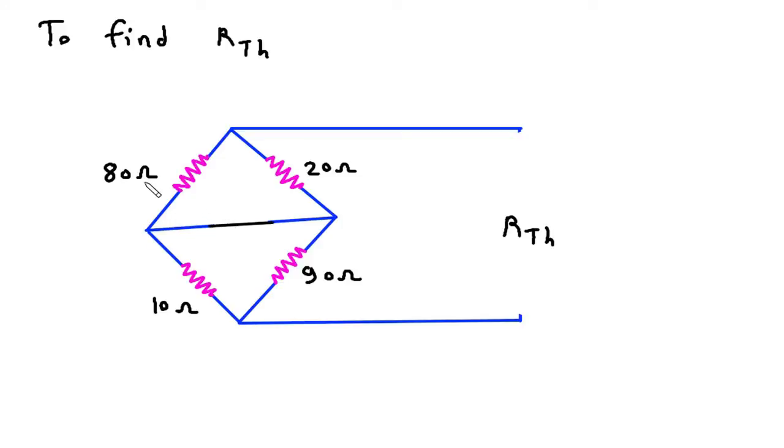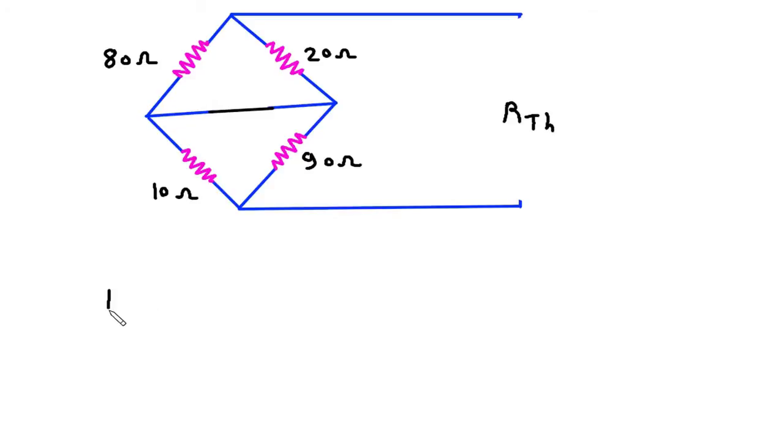Now as we can see that 80 ohm is parallel with 20 ohm, RTH is equal to 80 ohm parallel with 20 ohm plus it is in series with 10 ohm parallel with 90 ohm.